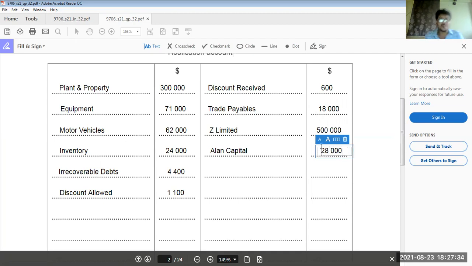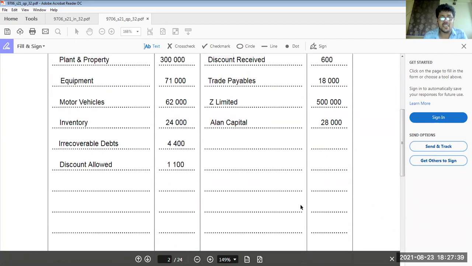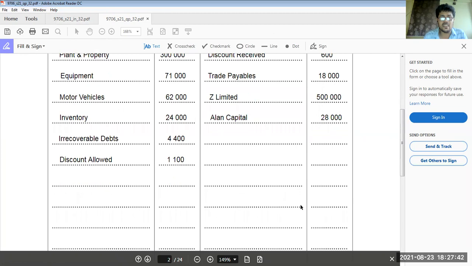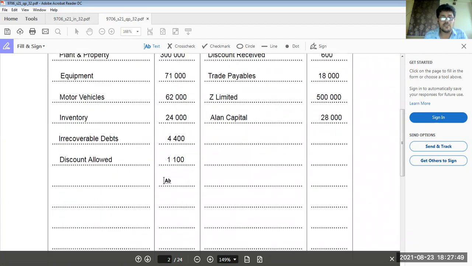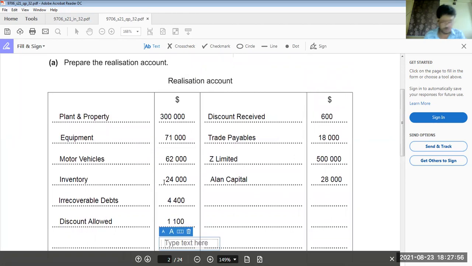Now, the difference of realization account is going to be divided between the partners, and how it is going to be divided, profit or loss, we don't know that. So just for, this is not part of the answer, but I'm doing it for you only. I'm going to calculate 300,000 plus 71,000 plus 62,000 plus 24,000 plus 4,400 plus 1,100.